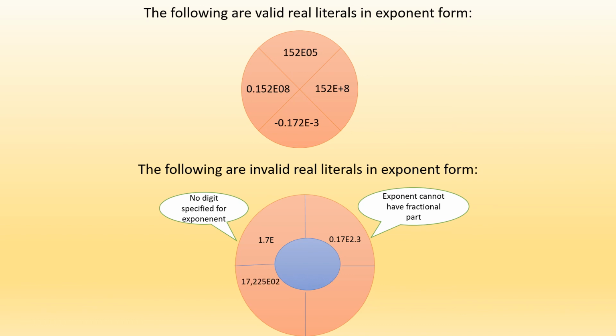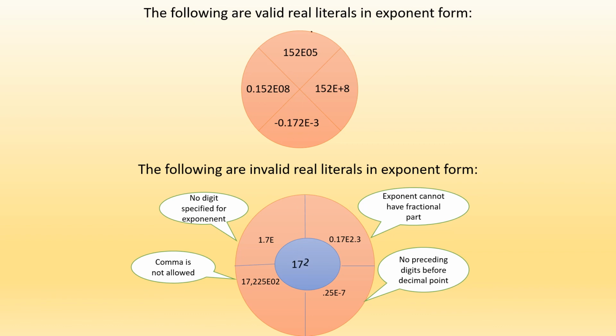Next one is 17,225E02. Again, a comma is not allowed. Next one is 0.25E minus 7. No preceding digit is used before the decimal point. Next one is 172.E5. No digit after the decimal point is there.